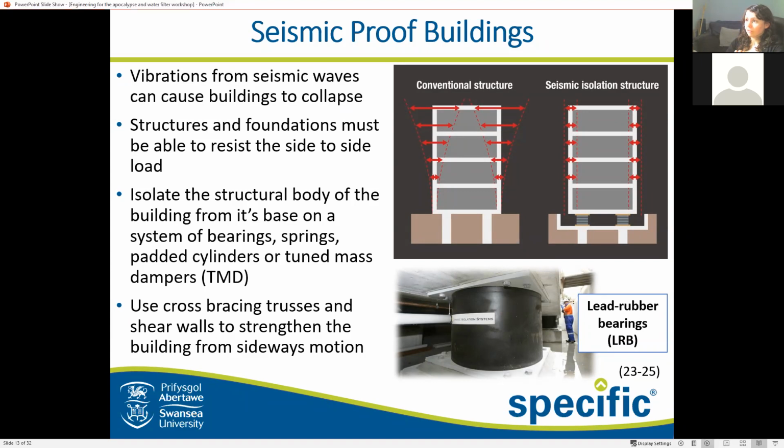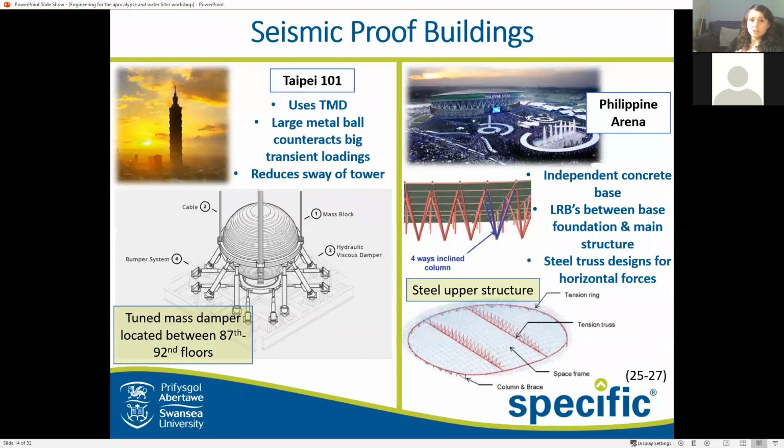So what I have next are two particularly good examples of really good seismic proof building structures. The first one is, I apologize for my pronunciation, the Taipei 101 Tower, and the second is the Philippine Arena.